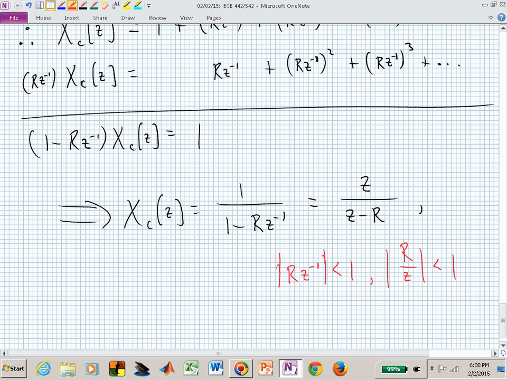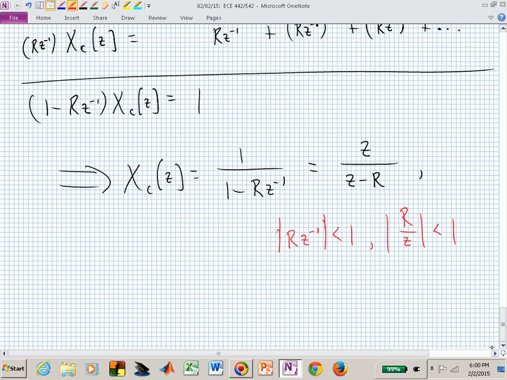Now the magnitude of that quotient is the same as the quotient of the magnitudes, and we can push that magnitude of z to the right-hand side, and now we see that r needs to have a magnitude less than z in order for that z transform to exist.